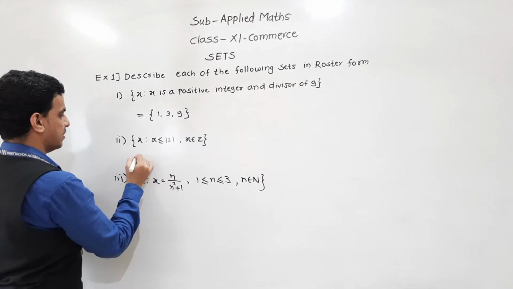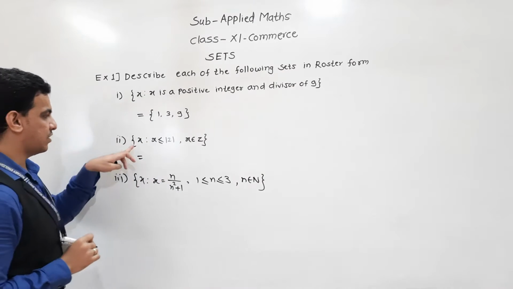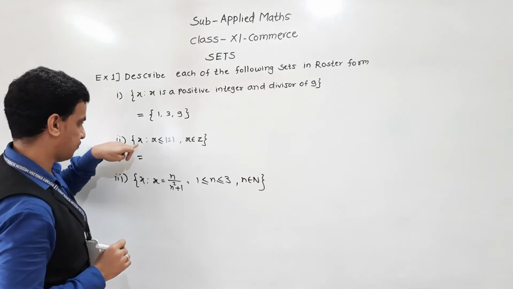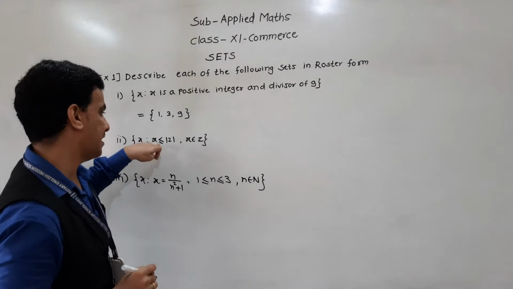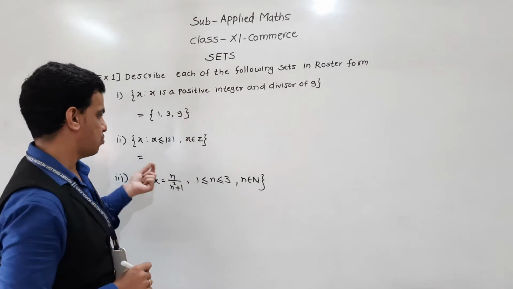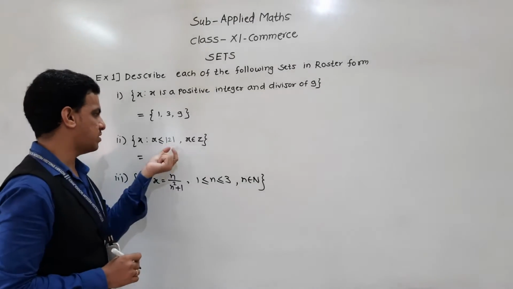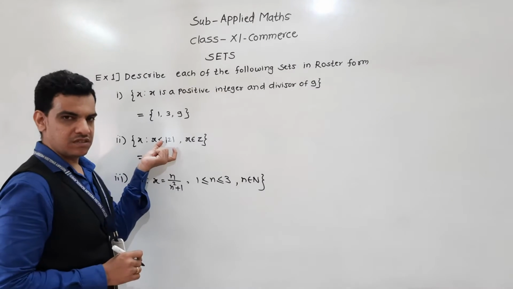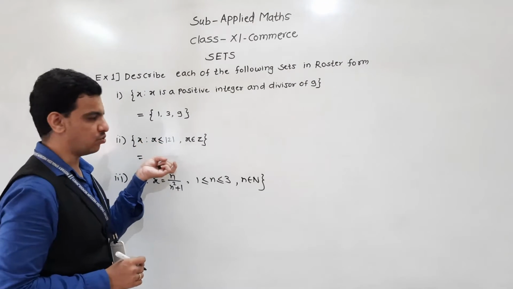Okay, then second is collection of all x such that x is less than or equal to mod 2 and x belongs to Z. So x less than or equal to mod 2 means it contains 0, 1 and 2.